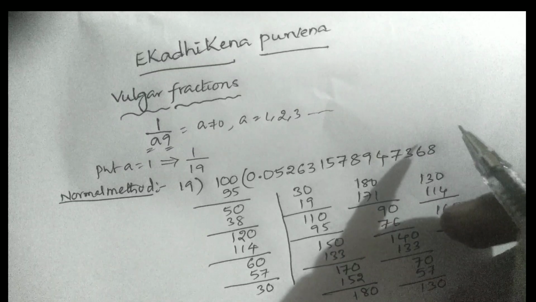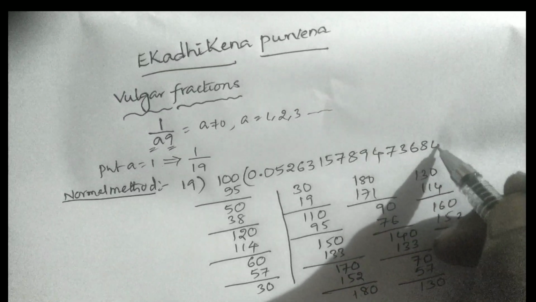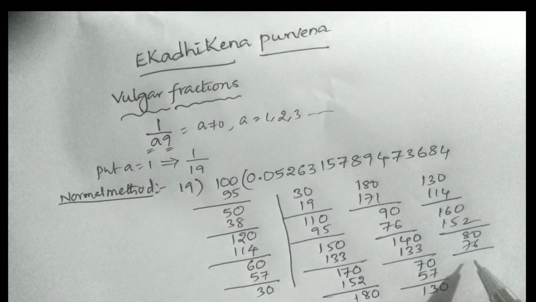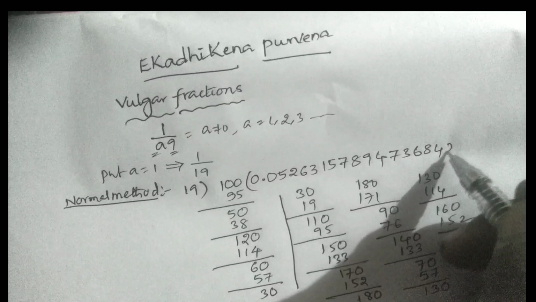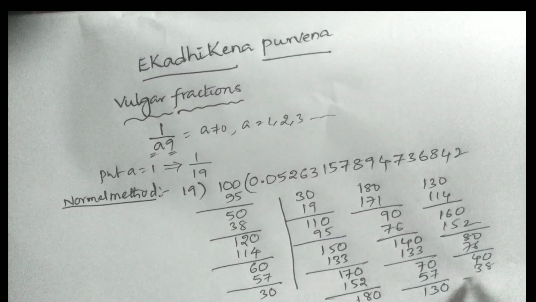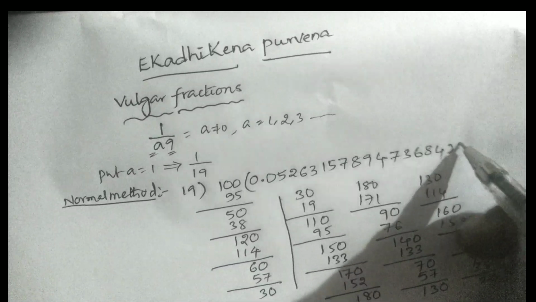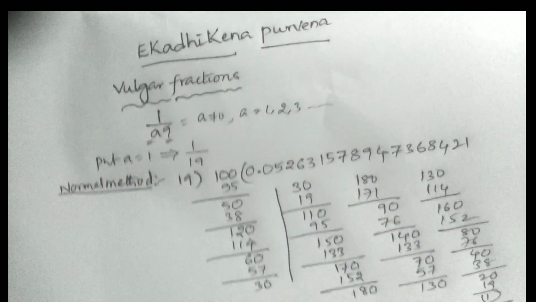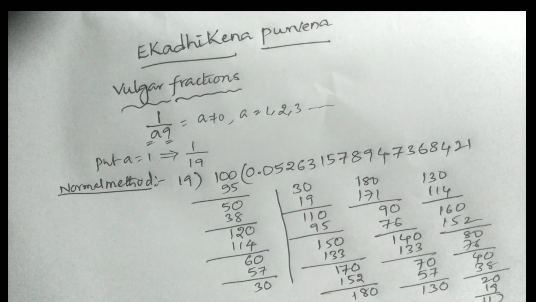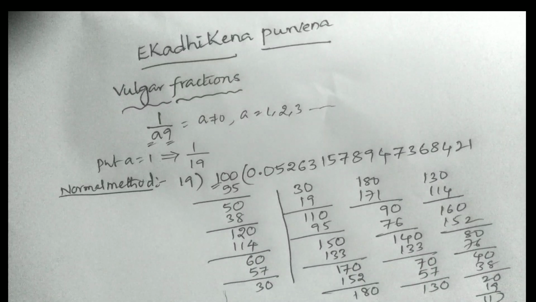Again 19 4s are 76, write 4 in the quotient part, subtracted, again 4 is the remainder, take 40. 19 2s are 38, subtract, it becomes 20. Now 19 ones are 19, the final remainder is 1. Initially we started with 1, so the final remainder is also 1.